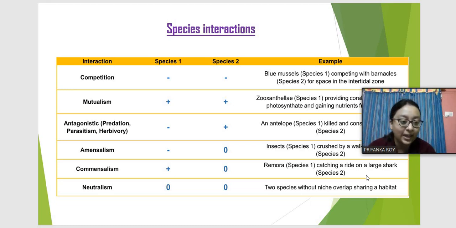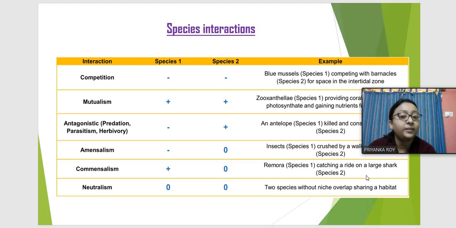So the shark is acting like a bus carrying all the different people, different students, riding at a very fast speed. And the remora is just sticking to its side and getting a ride. But the shark is neither affected nor benefited by it. It's just not bothered. It is allowing the remora to stick to it and get a ride, but it is not at all bothered by it.